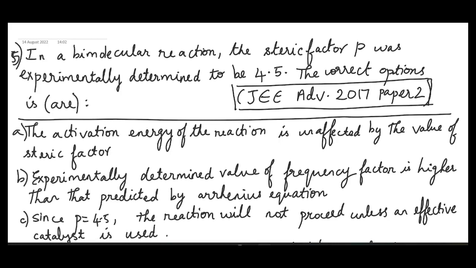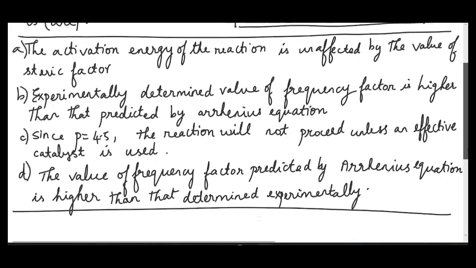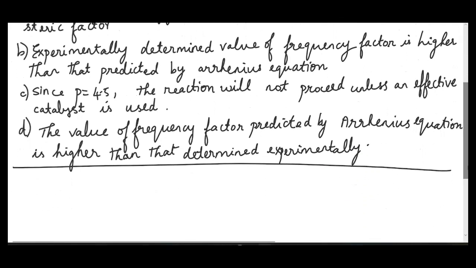so option A, the activation energy of the reaction is unaffected by the value of steric factor. It is obviously correct because the activation energy does not depend upon the value of steric factor. Now the collision theory equation is that rate is equal to P Z_AB e^(−Ea/RT), if A and B are reactants.